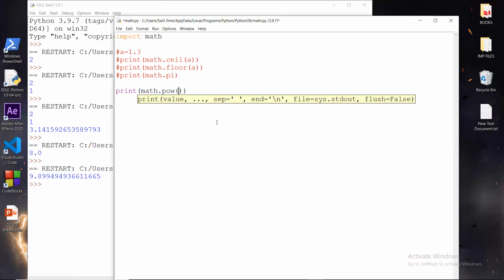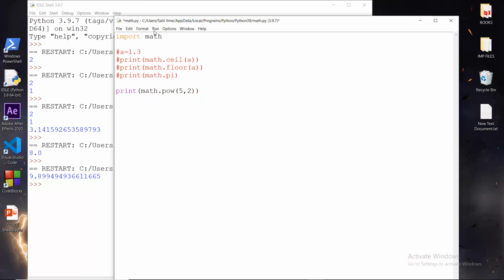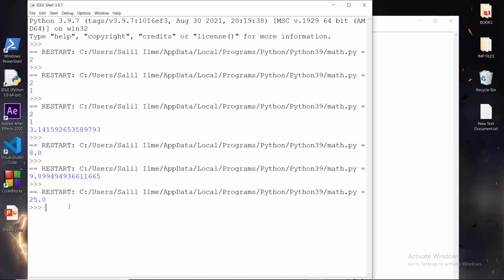The first is the base, for example 5, and the second one is the exponent. Let's say 2. So the value should be 5 squared, so it should be 25. As you can see, we have 25 here.